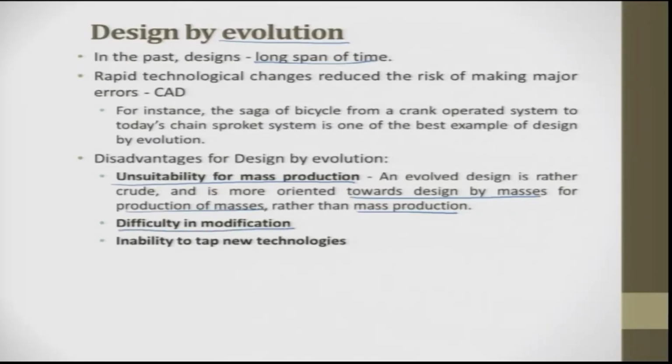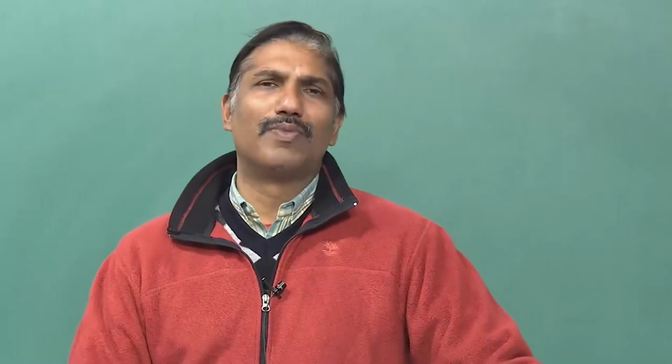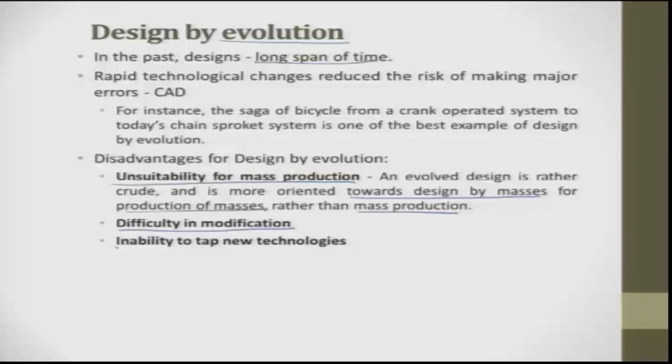People or companies were not ready to accept change because they felt the existing design is well proven, and changing it would be costlier. It did not look at new technological evolutions. So design by evolution never gave scope for adopting new technologies which were concurrently happening during the design of a particular product.